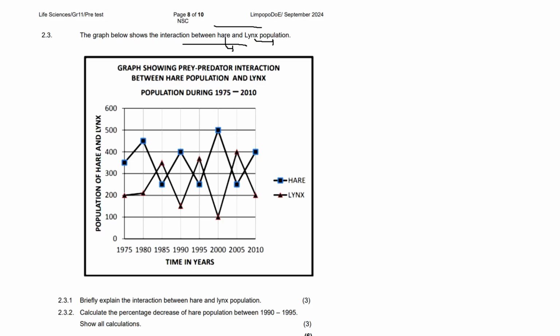So we're given the graph here. The hare is blue and the lynx is a bit reddish. So this one is blue, which is our hare. At the beginning, we've got a high population of the hare, and the lynx is still a bit low. And then the lynx increases, the hare goes down, and it goes up and down until at the end, again the lynx, the predator, is going down, but the other one is going up.